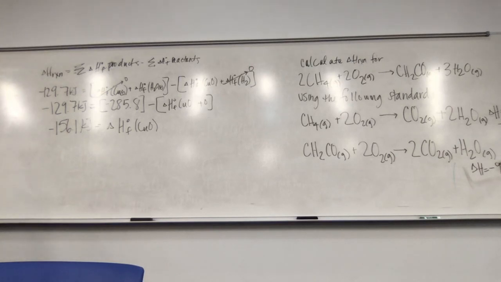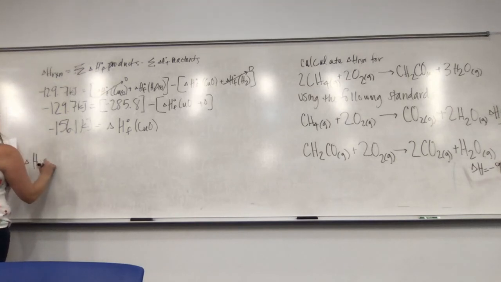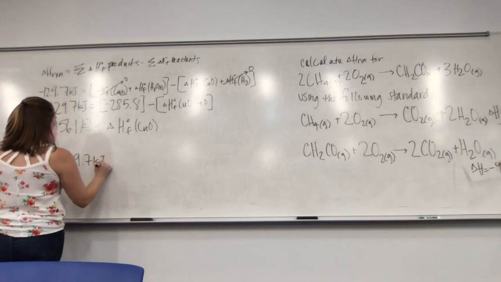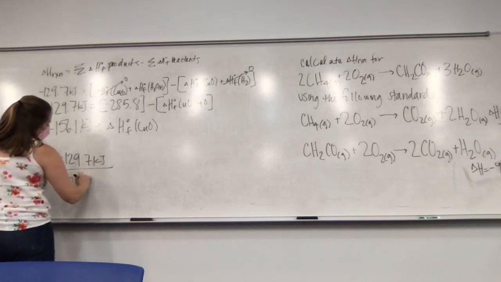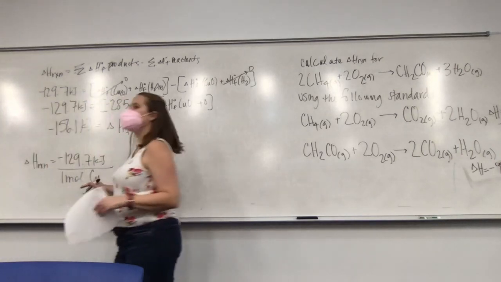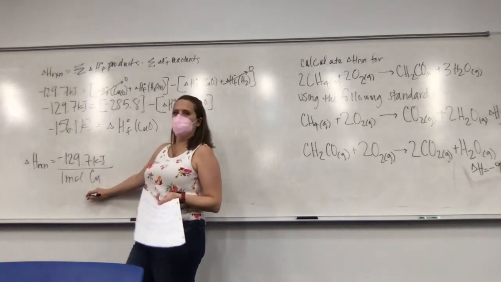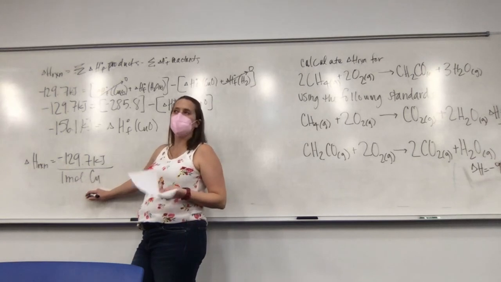For part B, the enthalpy change is proportional to what we see in the equation. So we know that delta H of the reaction is negative 129.7 kilojoules per 1 mole of copper, and this comes from the equation. If it had been 5 moles, it would be per 5 moles. If it was 3,000 moles, it would be divided by 3,000.